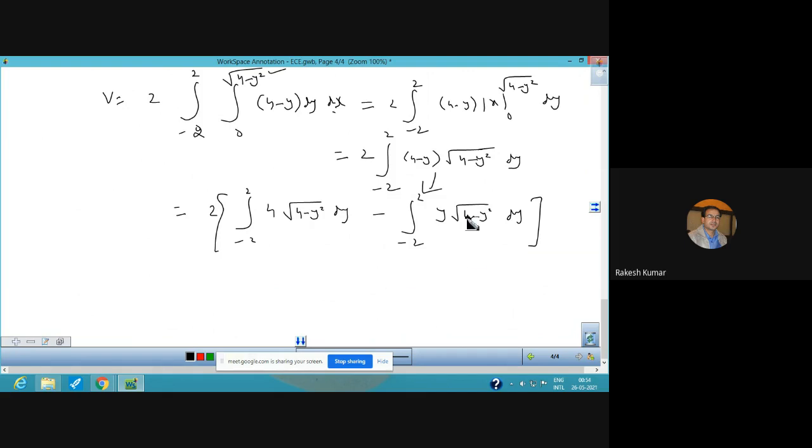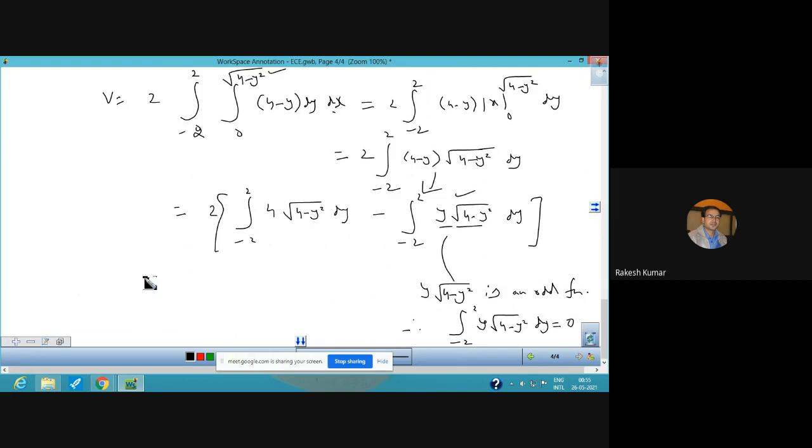Now clearly, this combined function y times square root of 4 minus y square is an odd function. So if it is an odd function, then the integral from minus 2 to 2 of y square root of 4 minus y square dy will give you 0.